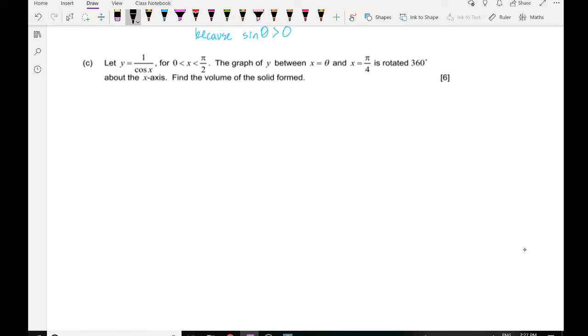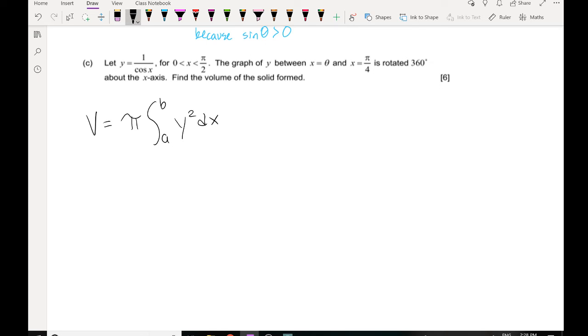I've got to think of my volume of revolution equation, which it says in your formula booklet. It's the integral, pi times the integral from a to b of y squared.